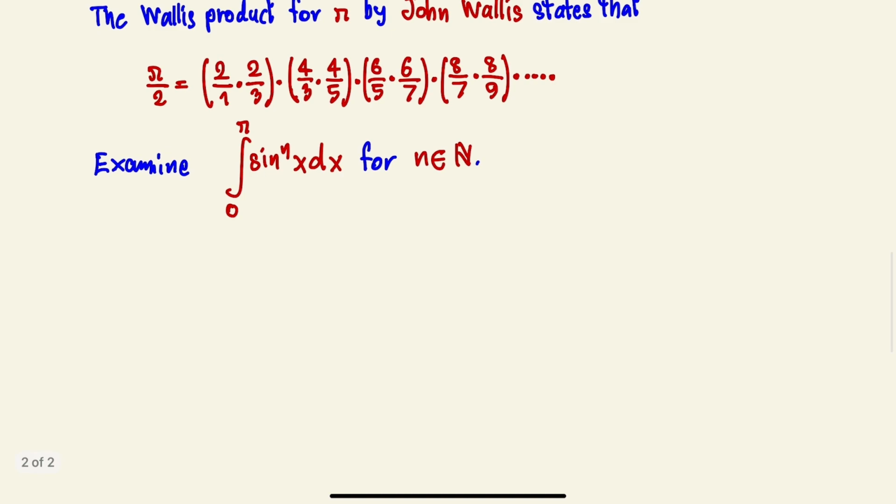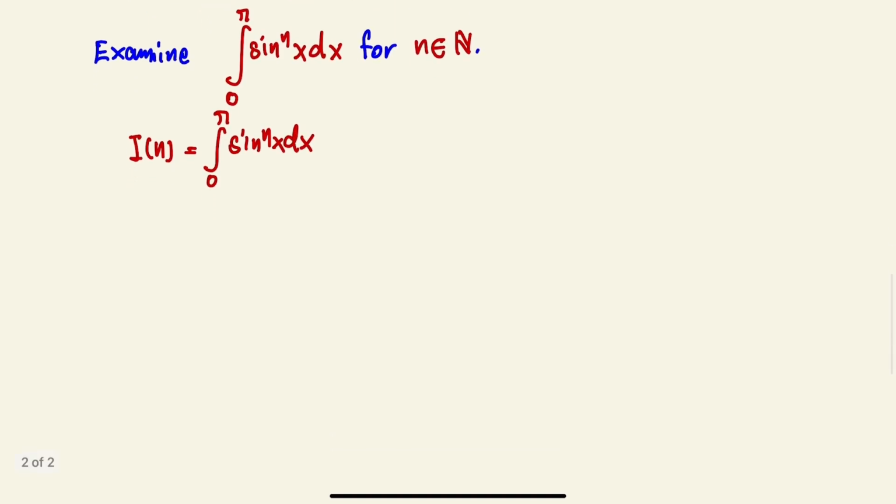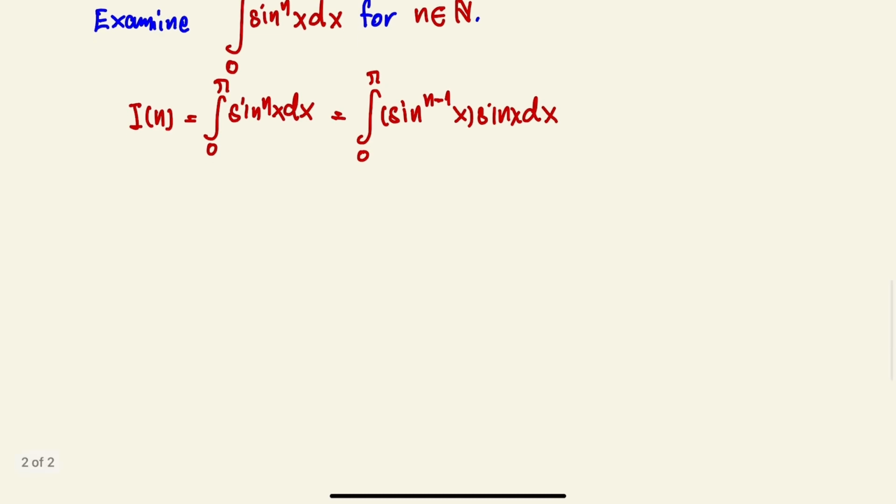I will let I of n be this integral. Then we write the integral from 0 to pi of sine raised to the n minus 1 x times sine x dx, and then I will apply integration by parts.